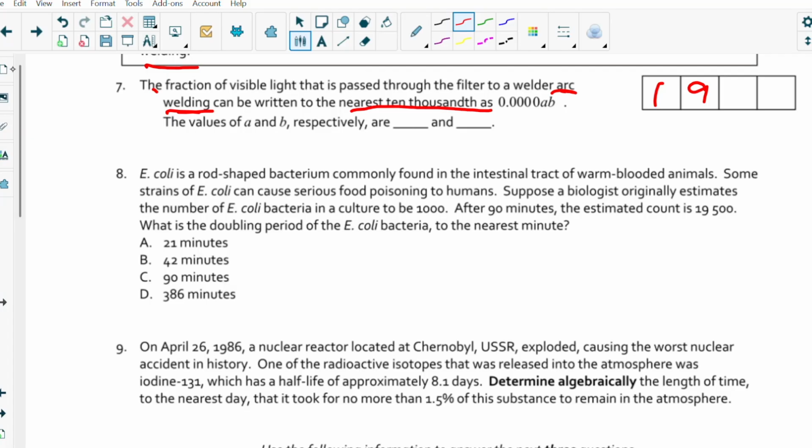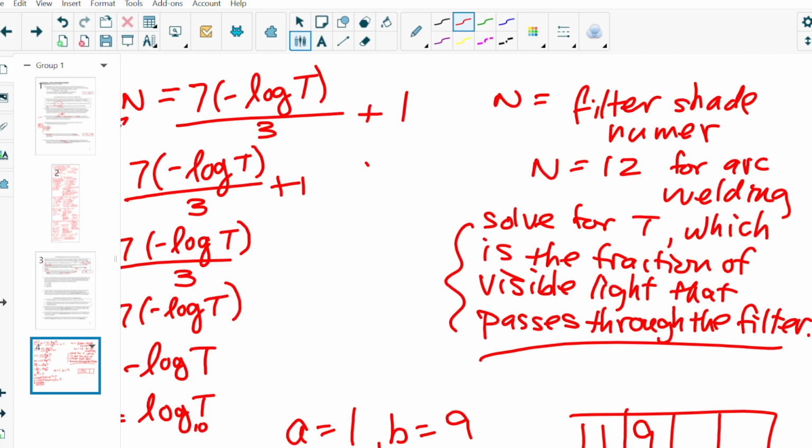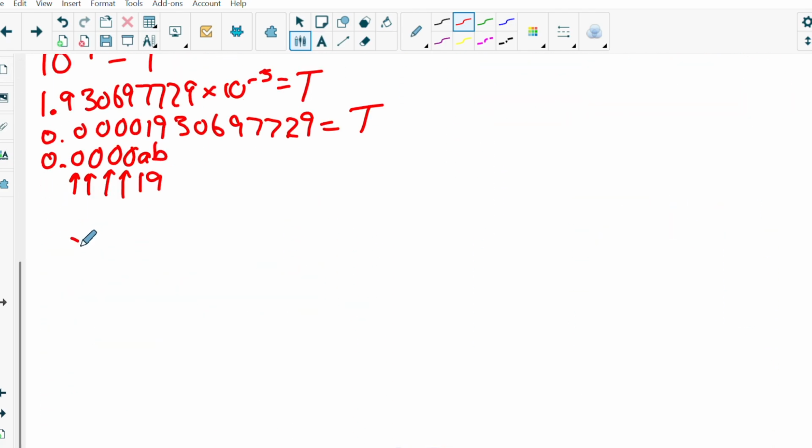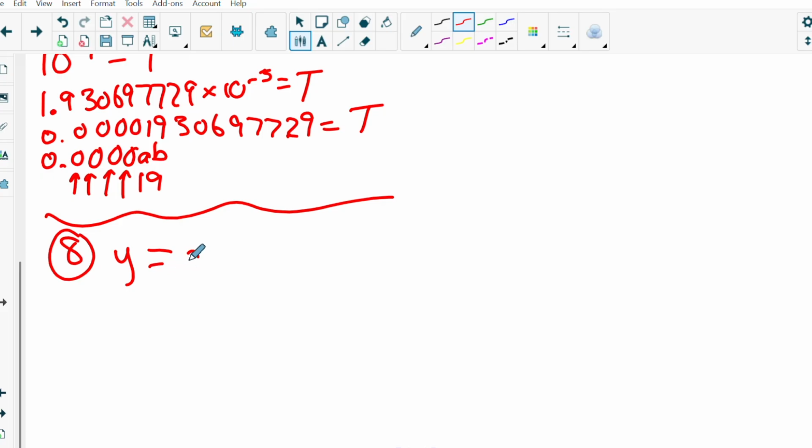Okay, so let's take a look at this. This is number 8. So y equals a times b to the t divided by p.